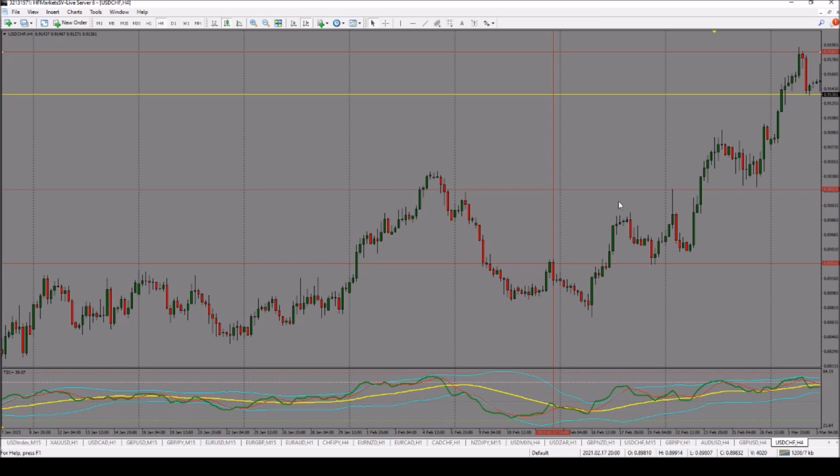So this is a chart example of everything that we were trying to say, and in this chart we are now trying to trade everything that we have been talking about. This is USD against CHF, and we want to see where we can get the entries and the setups.